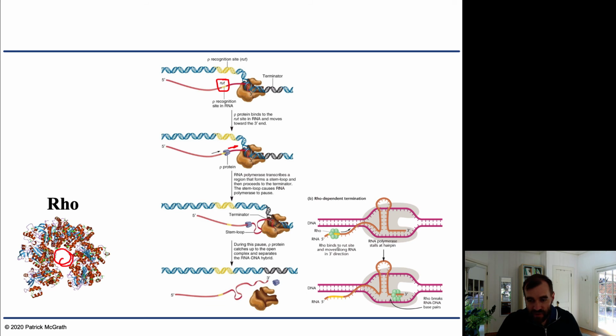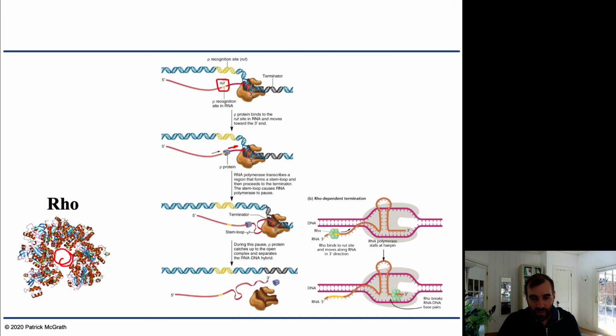At this point, because of this pausing, the rho protein continues along and is able to move along. As the rho protein catches up, it eventually moves to where the active part of the polymerase is, and it breaks apart the binding between the RNA and the DNA base pairs, and it releases the mRNA, and releases the polymerase.